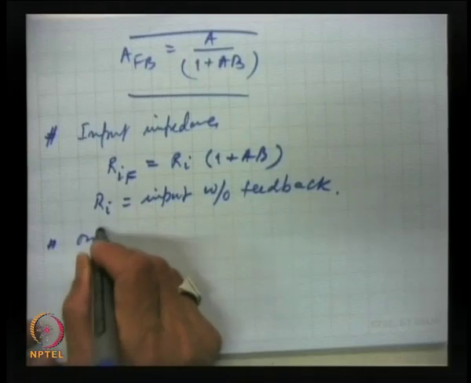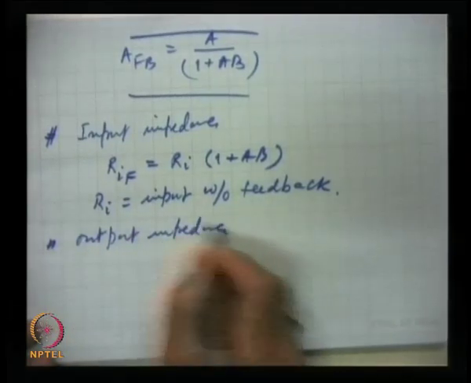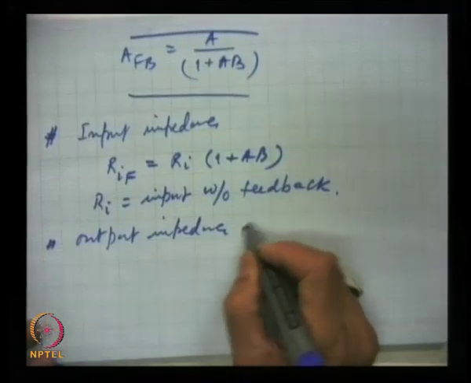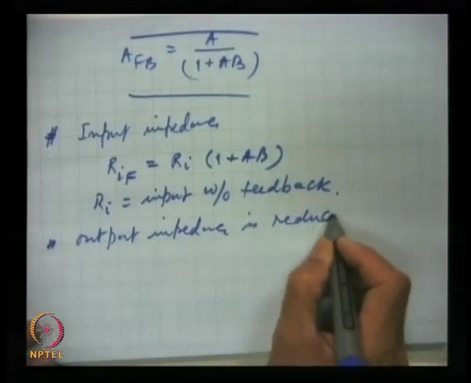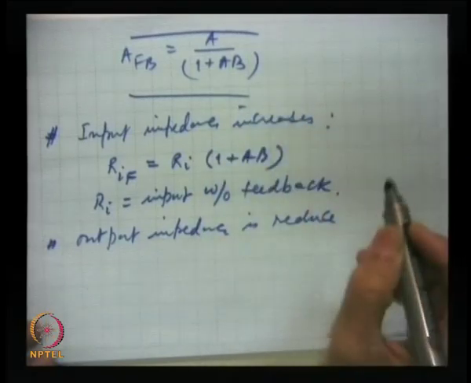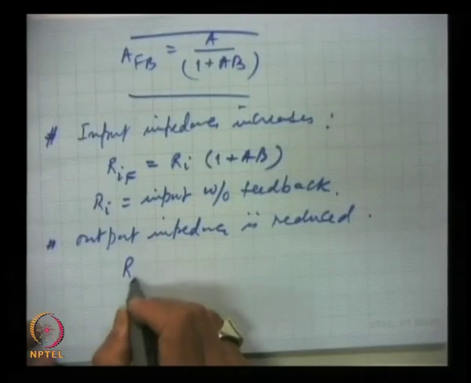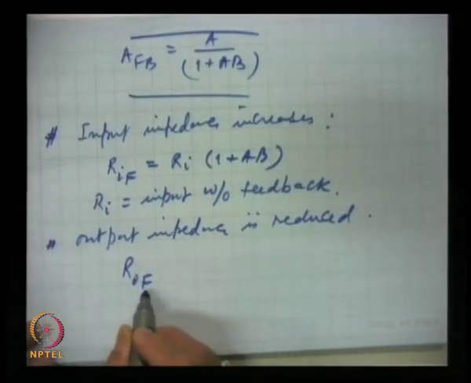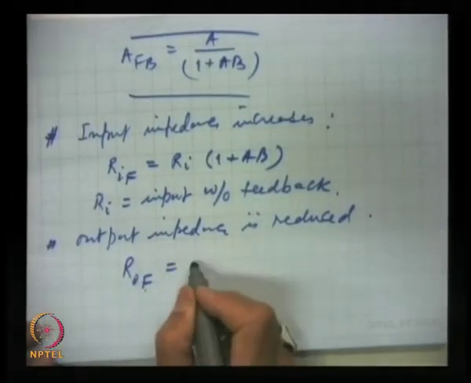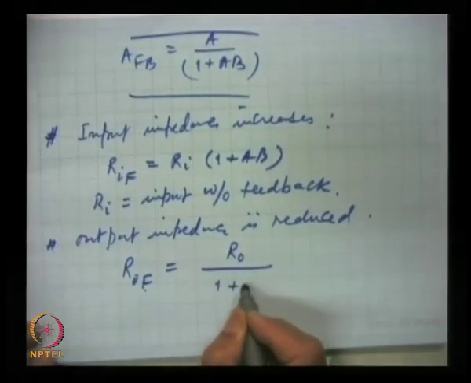The output impedance is reduced with feedback. If without feedback it is Ro, then with feedback it is Ro divided by 1 plus AB.